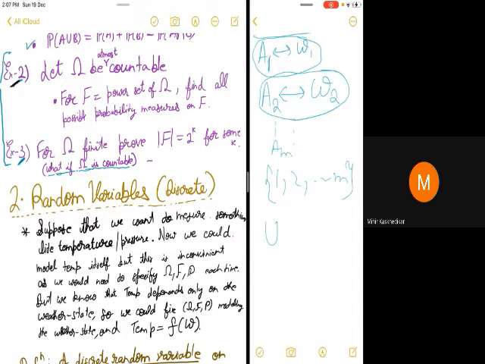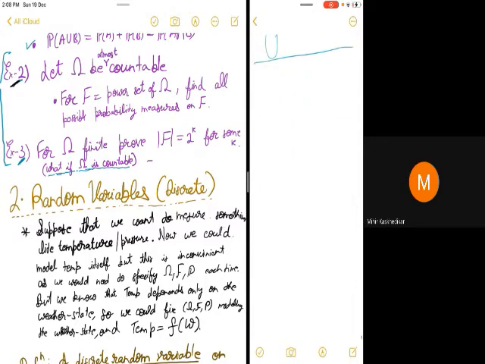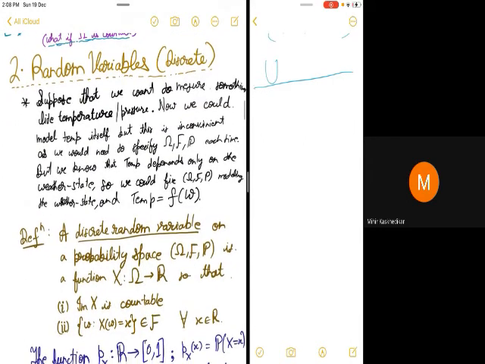So A1, A2 till Am are disjoint, and their unions belong to F, and only those elements belong to F. So this is just an idea, so you can try to formalize and complete this later.